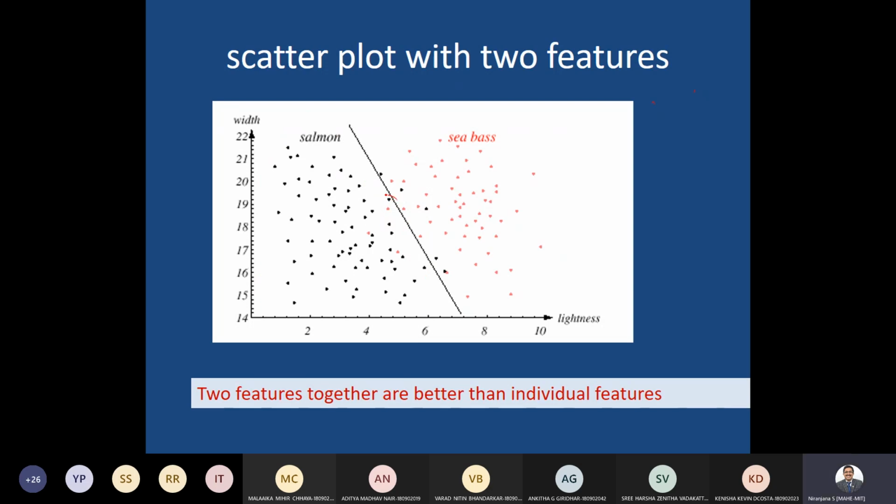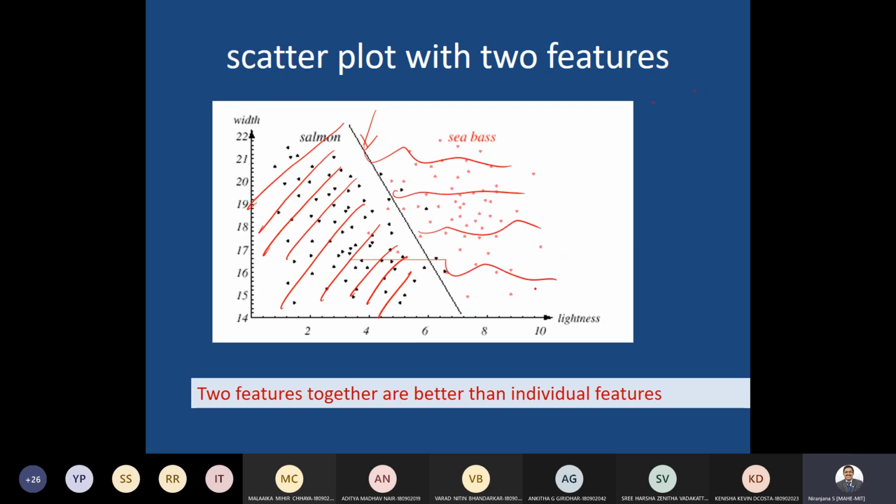If you consider these three samples, which are red colored, and formulate a decision rule, maybe a linear rule, the rule will categorize this region as salmon and this as the region of sea bass. But these black dots in this region will now be considered sea bass. They will contribute to error.